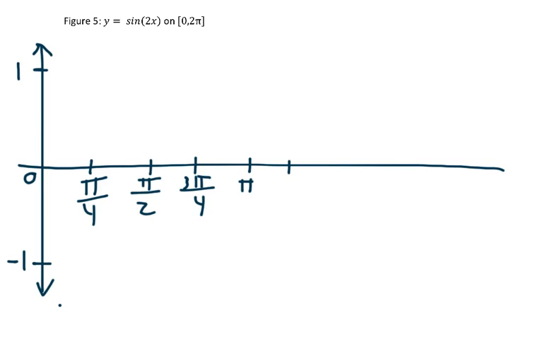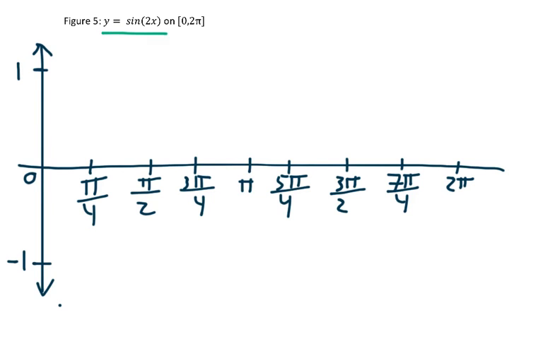So after pi, we get 5 pi over 4. Then we get 6 pi over 4, but that's the same as 3 pi over 2. Then we get 7 pi over 4. Then we get 8 pi over 4, which is 2 pi.